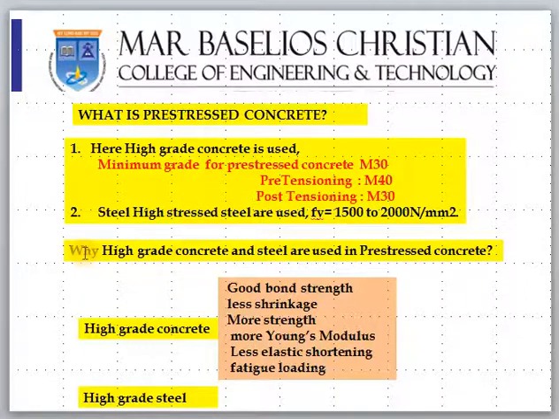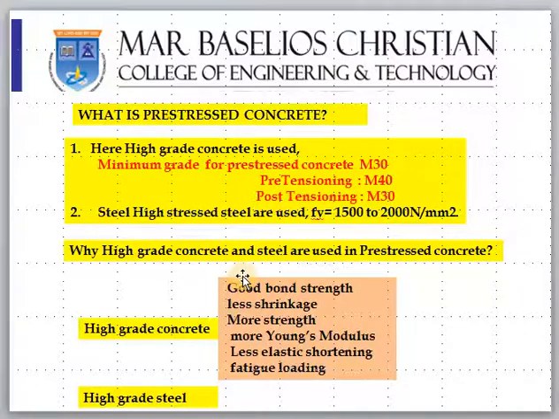Okay. Why are high grade concrete and steel used in pre-stressed concrete? The reason for using high grade concrete is, as I told you, in pre-tensioning, when you cut this steel, the tendons will try to shorten. But the concrete, since it is already set, will not allow it.